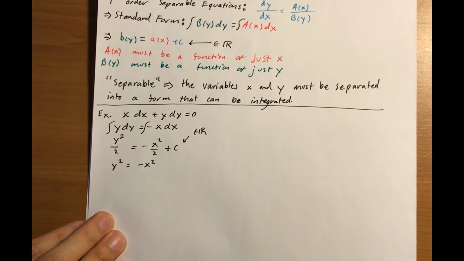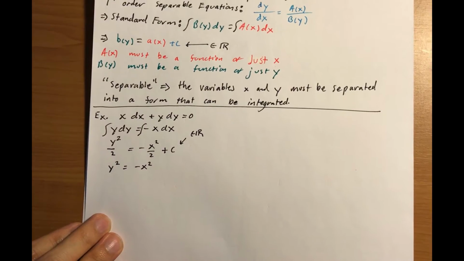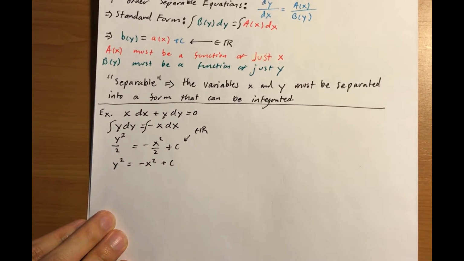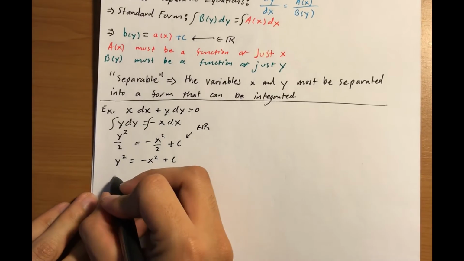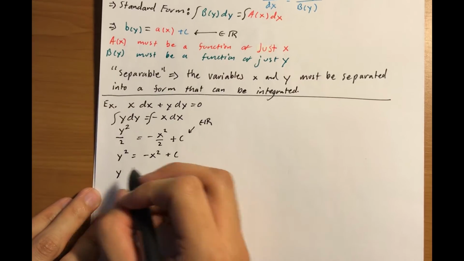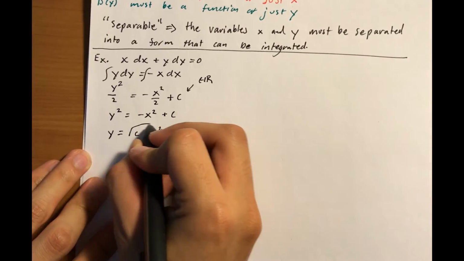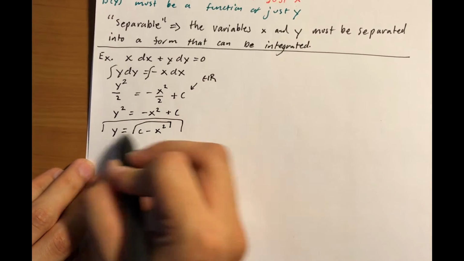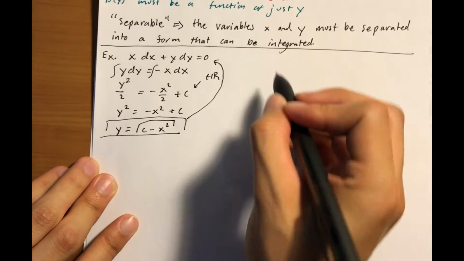And a key thing here: if I multiply a number to the constant, it's still a constant, still any real number, so we can still write plus c. And now to eliminate the y squared, we square root both sides. And this right here is our general solution for the separable equation above.